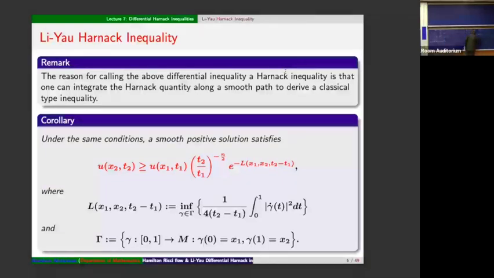So this is the length of the curve, and gamma there is that curve. The integral in this bracket is the length of this curve gamma.